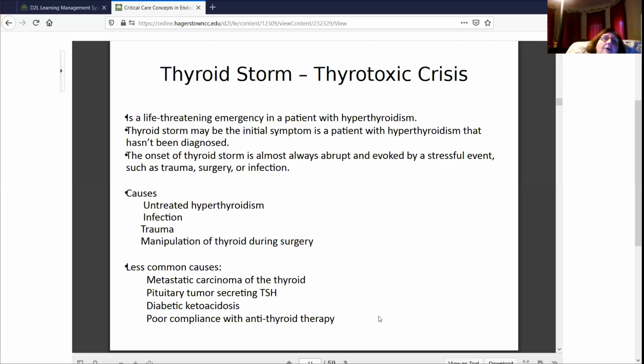You know, they might be operating to take off a thyroid tumor, or they may be actually operating on the parathyroid, which is in back of the thyroid, and they have to manipulate the thyroid in order to get to it. As common causes, pardon me, metastatic carcinoma of the thyroid, pituitary tumor screening TSH, diabetic ketoacidosis, and poor compliance with antithyroid therapy.